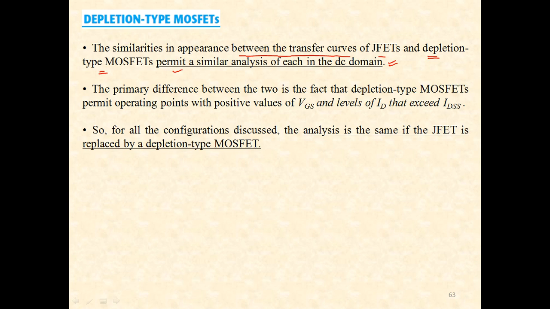Further, however, there is a primary difference between the two, and that is the fact that depletion type MOSFETs permit operating points with positive values of VGS and levels of ID that exceed IDSS. What do we mean by that?